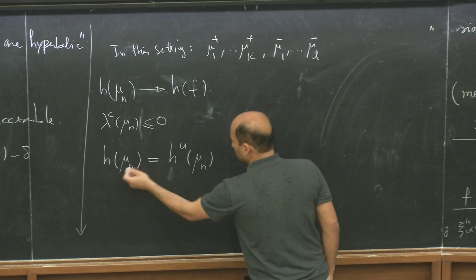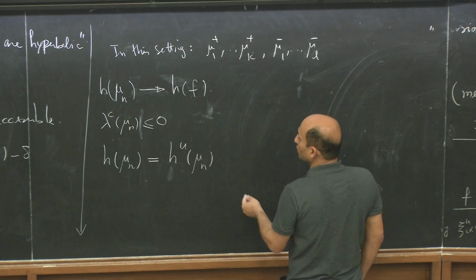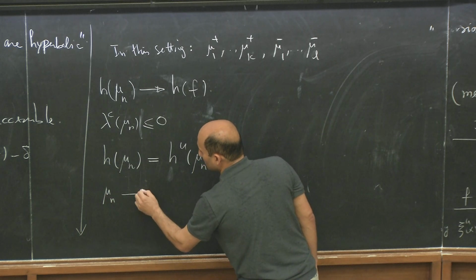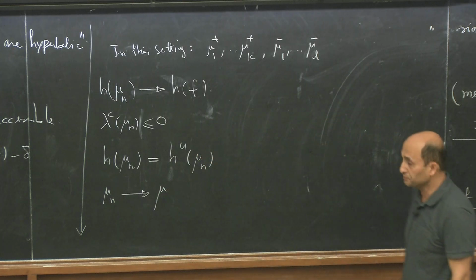You have entropy equal to the unstable entropy, and suppose that the measures mu_n converge to some measure mu.